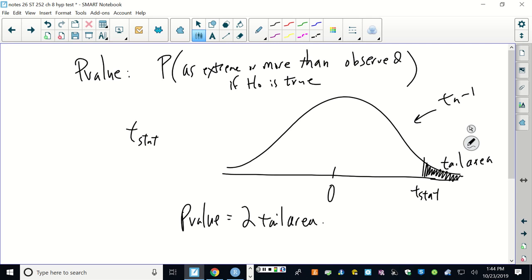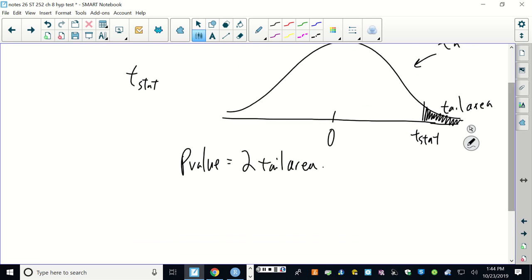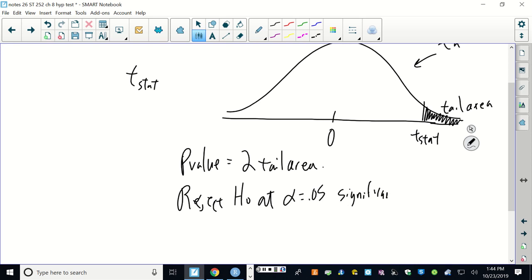And so if we have a certain significance level, like 0.05, we're going to reject the null hypothesis if our p-value is less than 0.05. We reject the H0 at the alpha, say 0.05 significance level, if our p-value is less than 0.05.